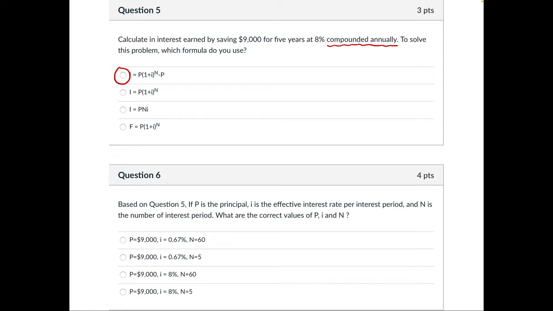Because 8% is the yearly percent and it's compounded annually, the yearly interest rate will be the effective interest rate. And because it's compounded every year, the number of years will be the value of N. So N equals 5. So this is the correct answer.